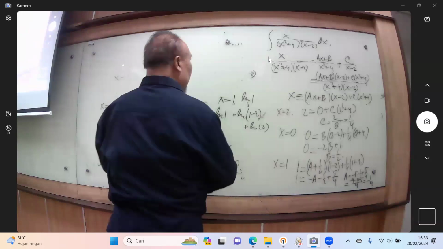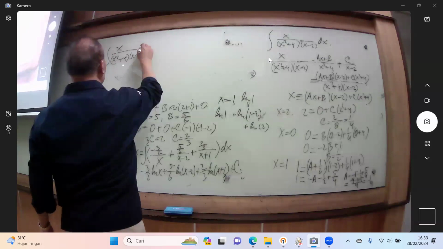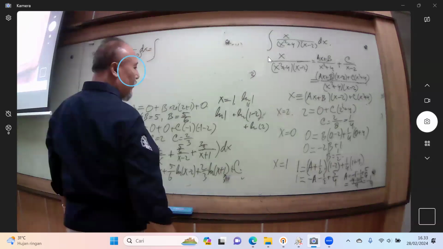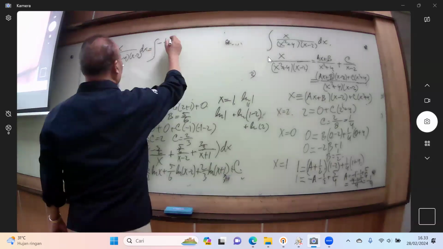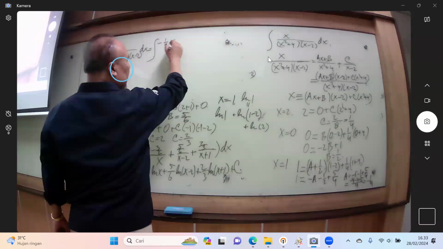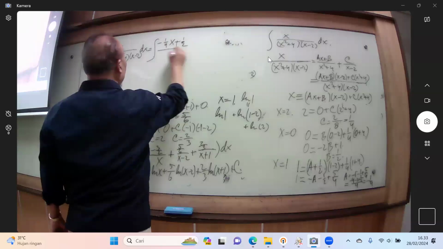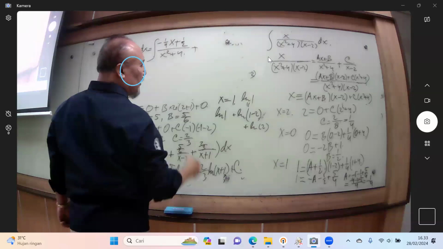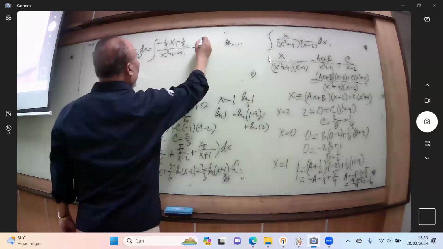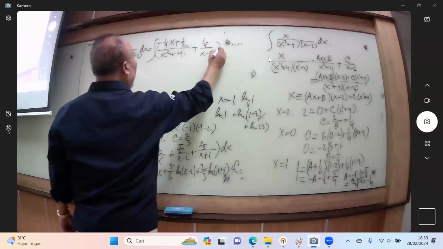the integral of x divided by x squared plus 4 times x minus 2 equals the integral of (a x plus b), where a is minus 1 divided by 4 and b is half, divided by x squared plus 4, plus c, which is 1/4, divided by x minus 2, dx.